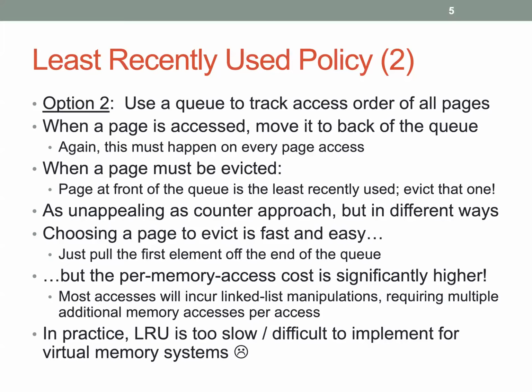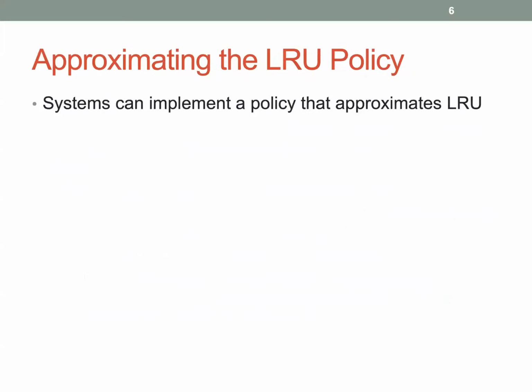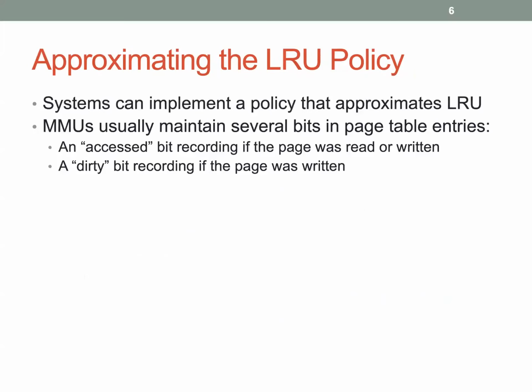So there you go. So what we do instead is we approximate LRU, and we do this using a couple of bits that the memory management unit will update for us. Now, when I say the MMU updates them for us, when you look at page table entries, you'll notice they have a number of bits. We already talked about valid, or IA32 calls it present.